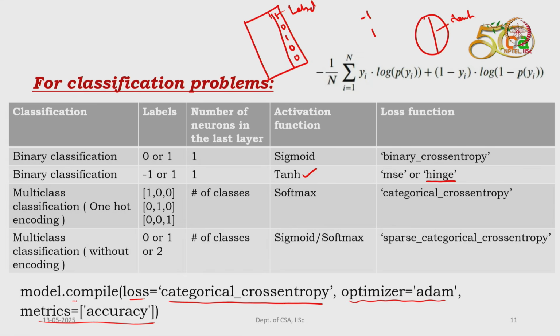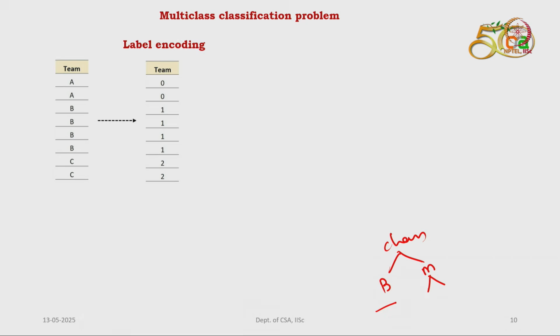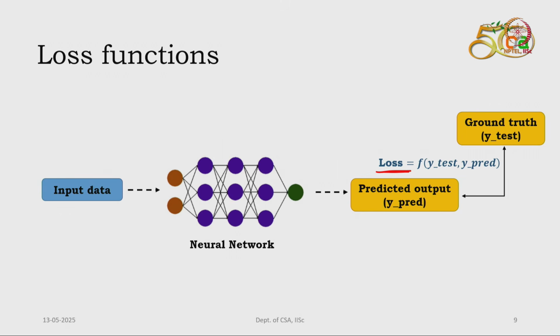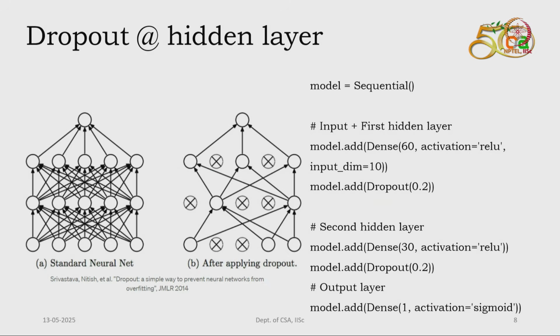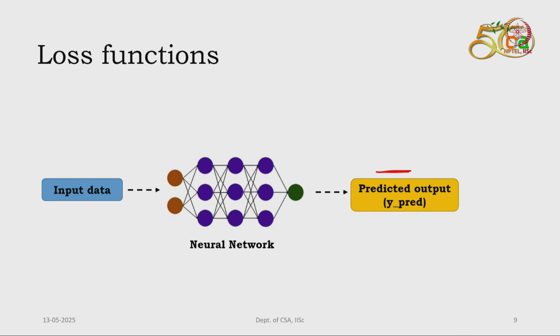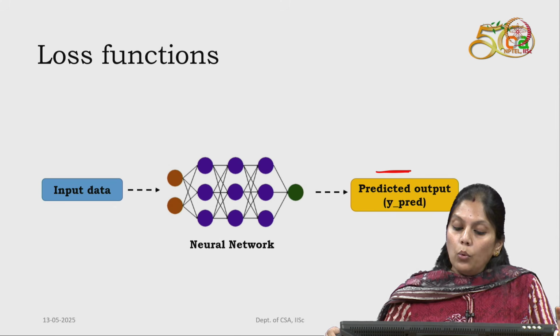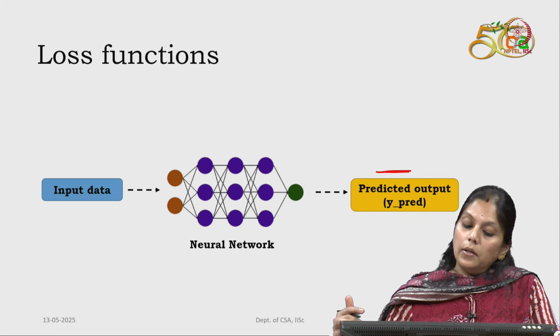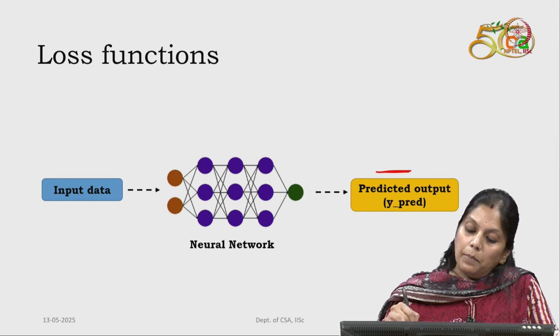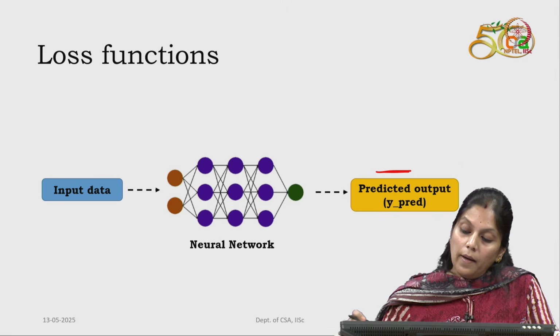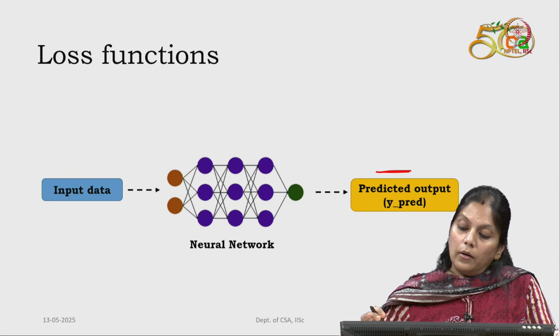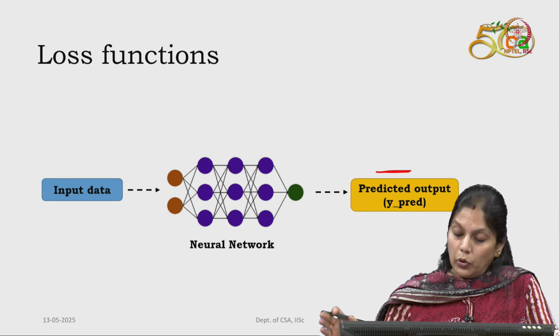Now, what do you mean by compile? All these parameters we are passing to a function called compile. Why do we require compile? Let us go back to this particular one here. We pass an input to a neural network, and we expect the model to give the output. Once the model gives the output, you compare the predicted one with the ground truth. When you compute the loss, you see that there is a huge amount of loss.